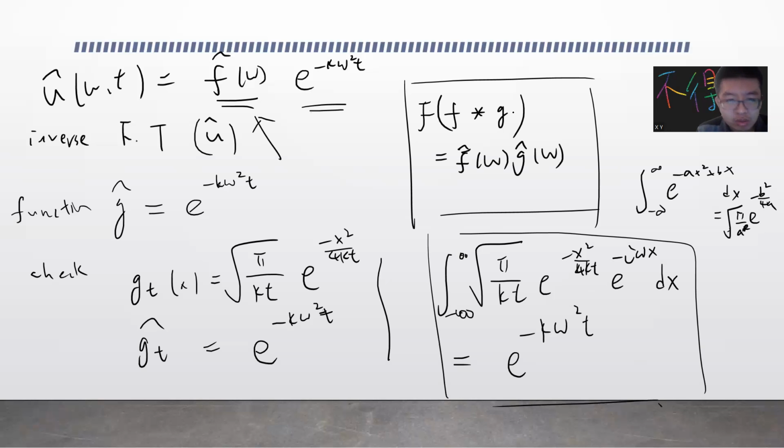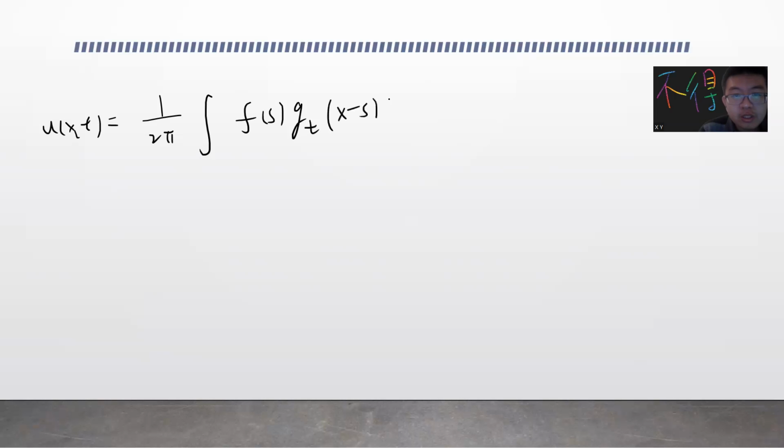So we have the answer. Now we have u(x,t), which is, with the convention of 1 over 2 pi, the convolution of f with g. So f convolved with g is the integral of f(s) g_t(x minus s) ds.